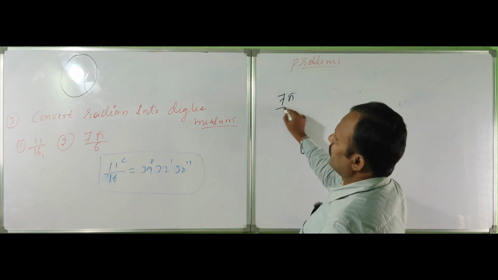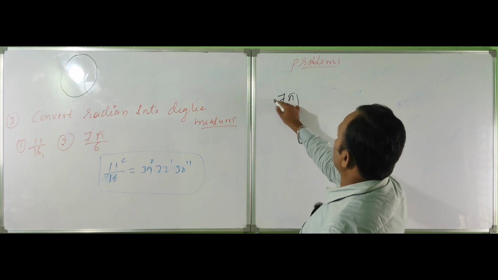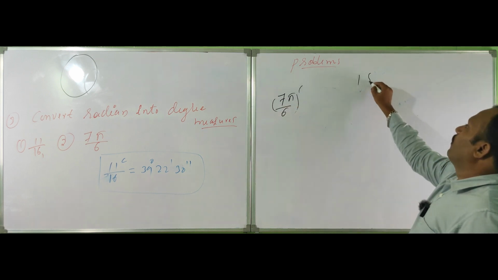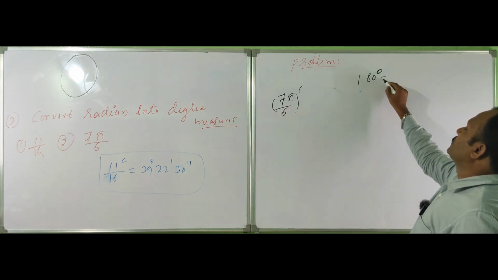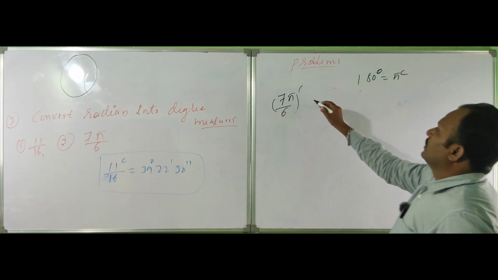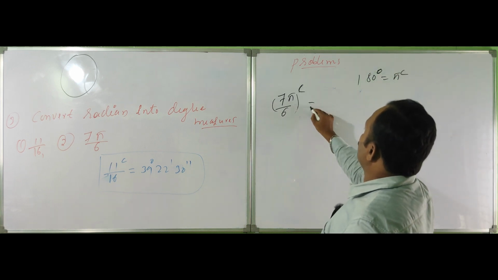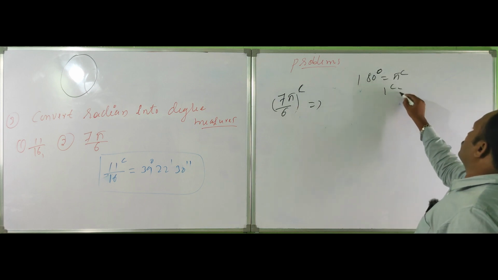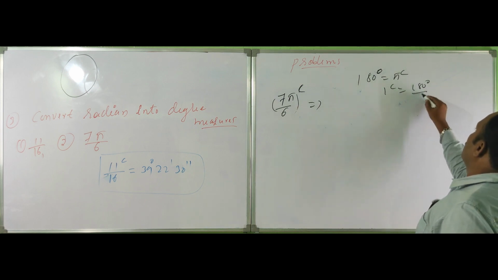7 pi by 6 radian. So what is the formula? 180 degree is equal to pi radian. They have given radian, so we should write 1 radian is equal to 180 degree by pi.